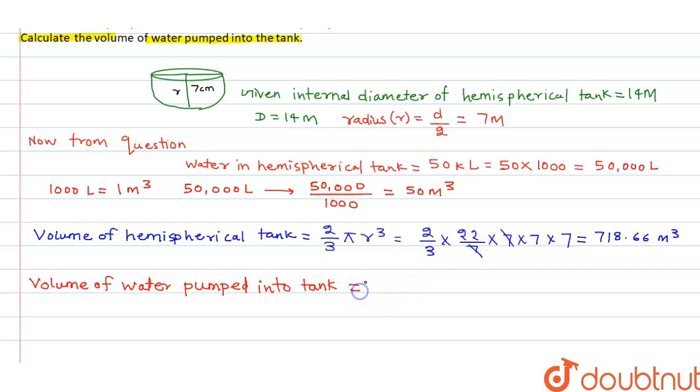is volume of hemispherical tank minus water in tank. So we get 718.66 minus 50.